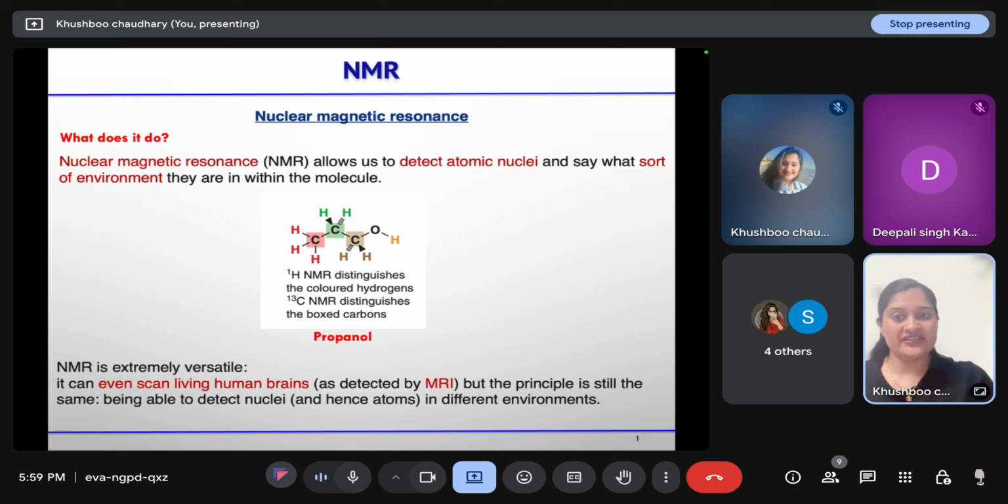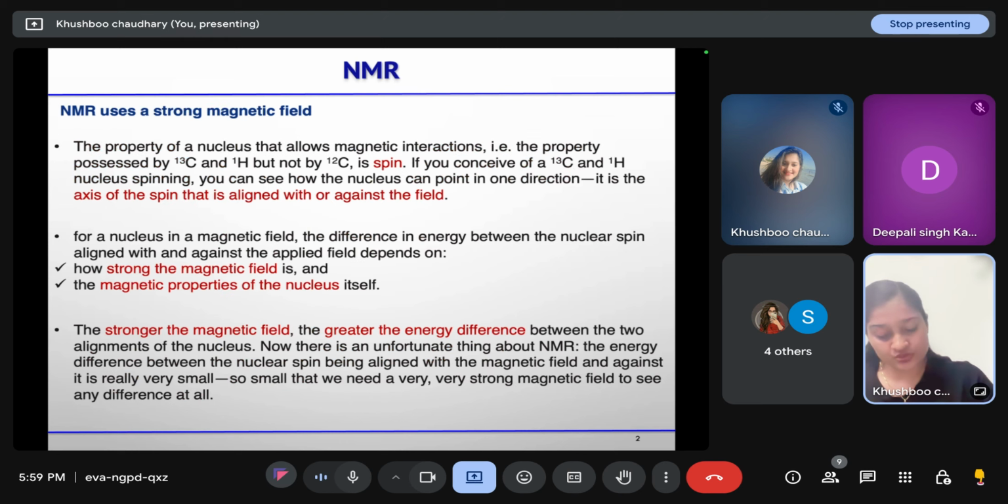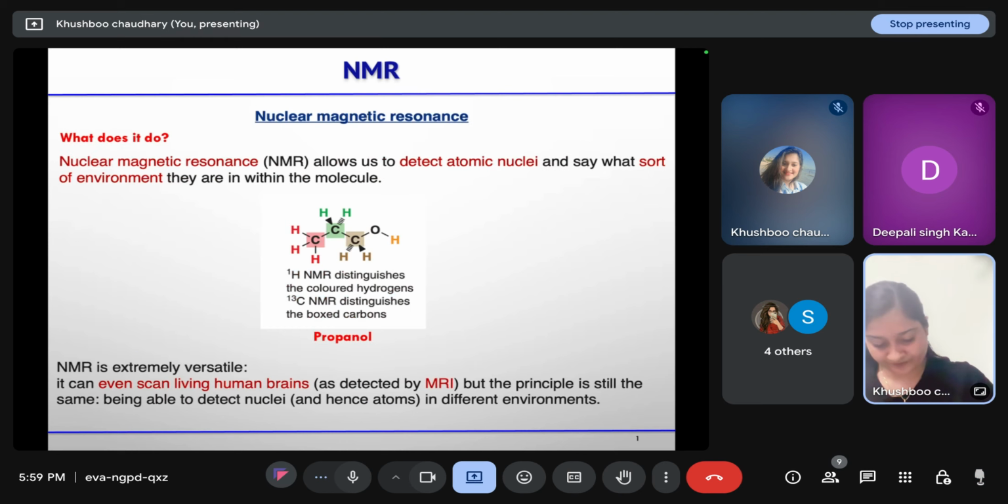So, let's start with NMR. What information will you get from the NMR data? Nuclear magnetic resonance spectroscopy tells us about the atomic nuclei that are present in a molecule.